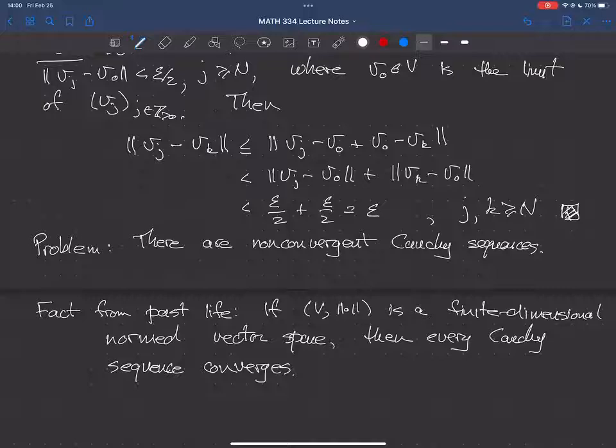Therefore, if you're going to find an example of a non-convergent Cauchy sequence, you're going to have to look for an infinite dimensional normed vector space.